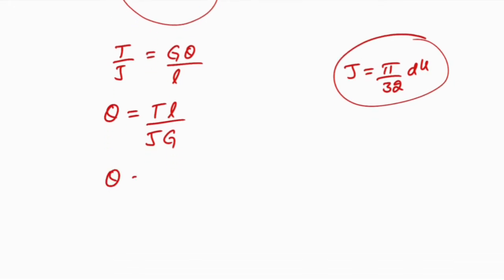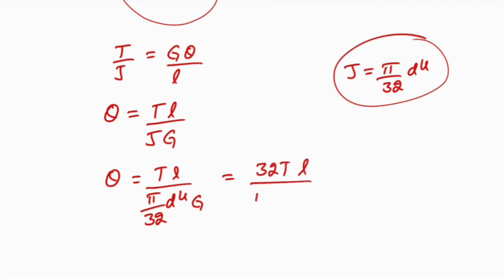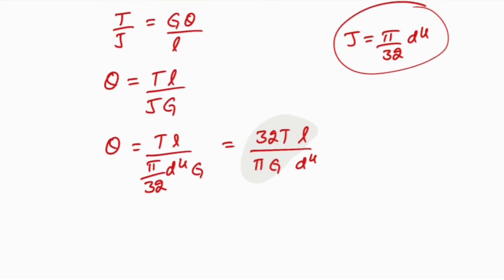So theta equal to TL by (pi by 32 into d power 4) into G, can be written as 32 TL by pi G into d power 4. You make this term constant because it is asked relation between the theta and d.